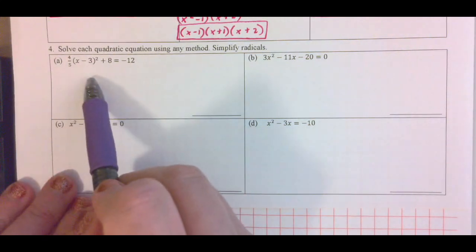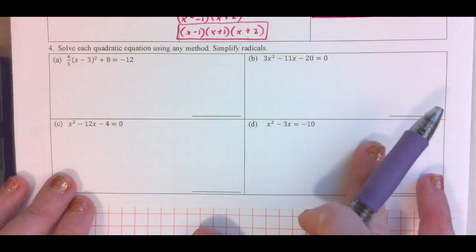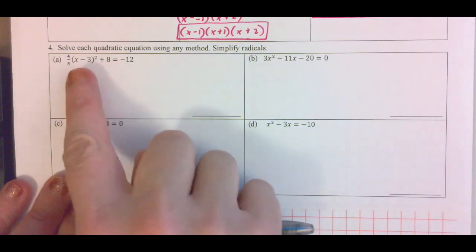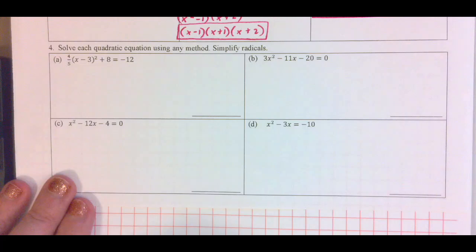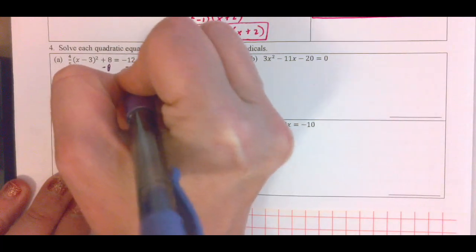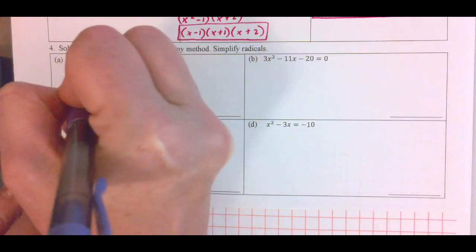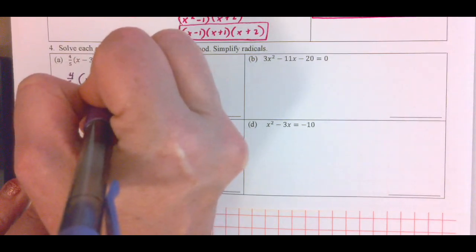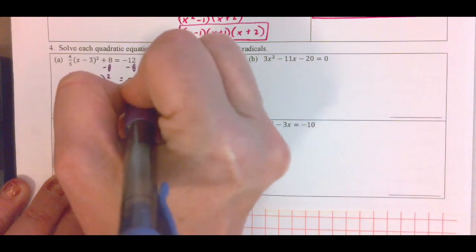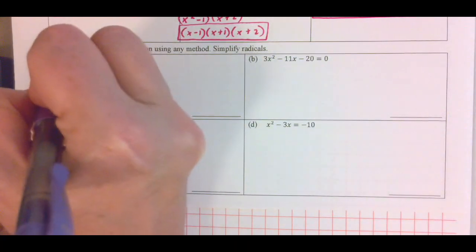So the first one here, I'm seeing that this is the portion that's being squared. So I want to isolate that portion, and I'm going to solve this one by taking the square root. So first I'll subtract 8. So 4/5 of x minus 3, quantity squared, equals a negative 20. Clear the fraction.